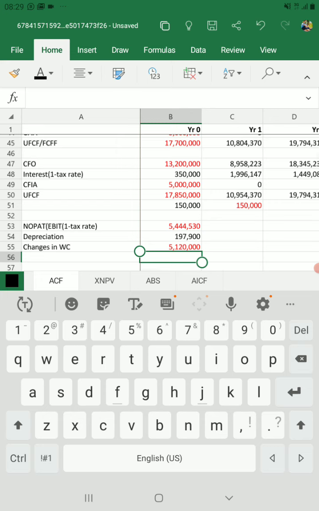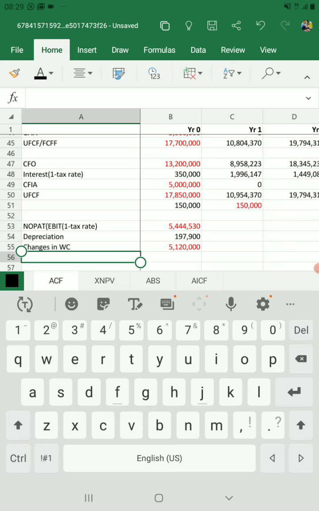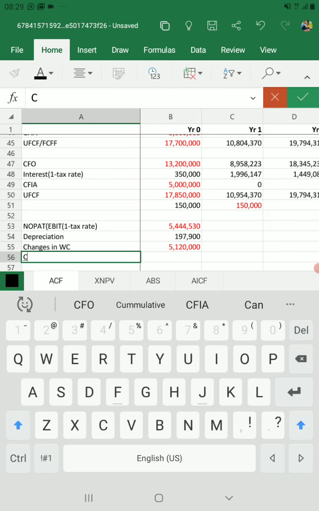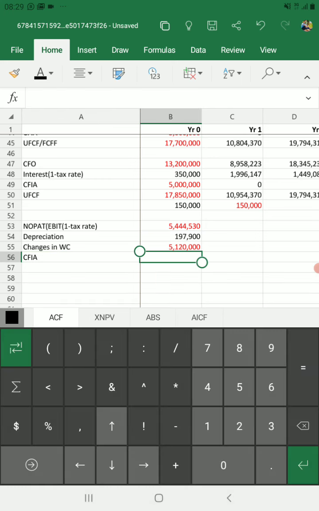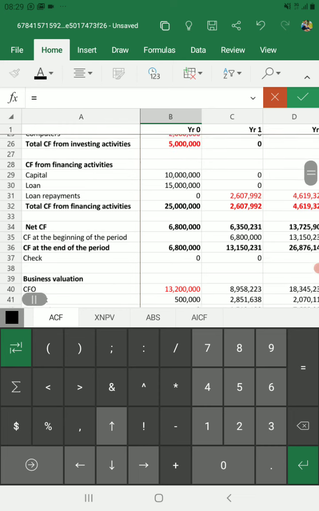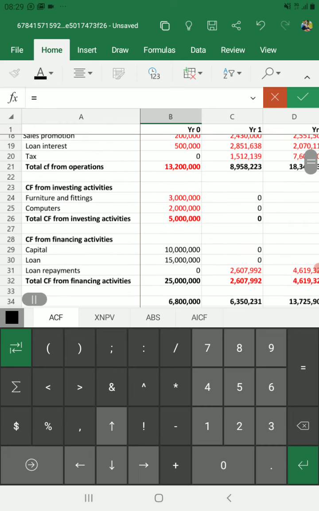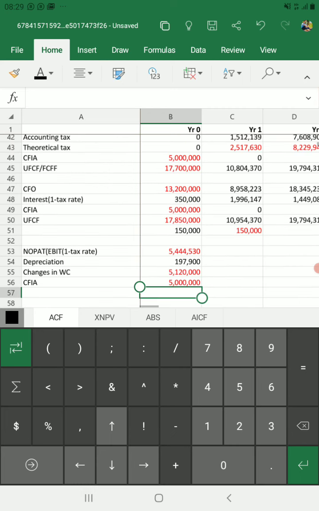So we have done that, and then there is cash flow from investing activities, which is simply this figure we have here in our cash flow, total cash flow from investing activities, this one. Press enter.